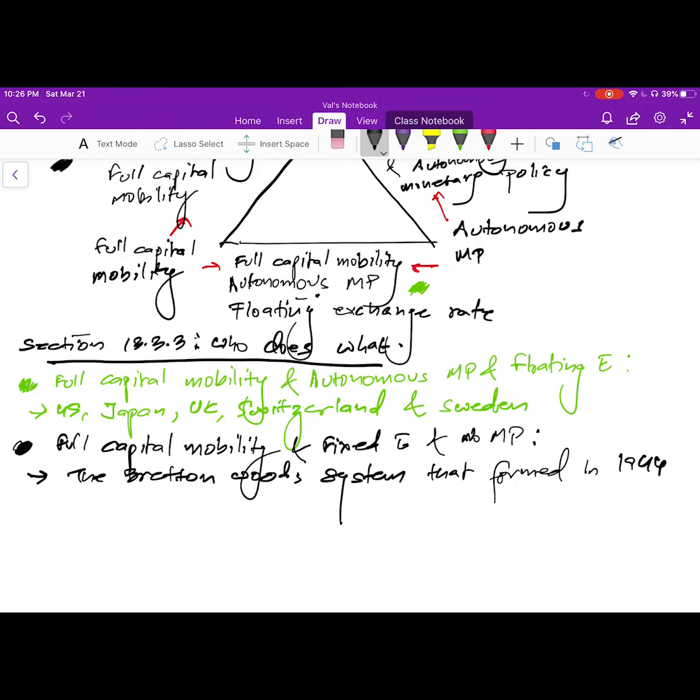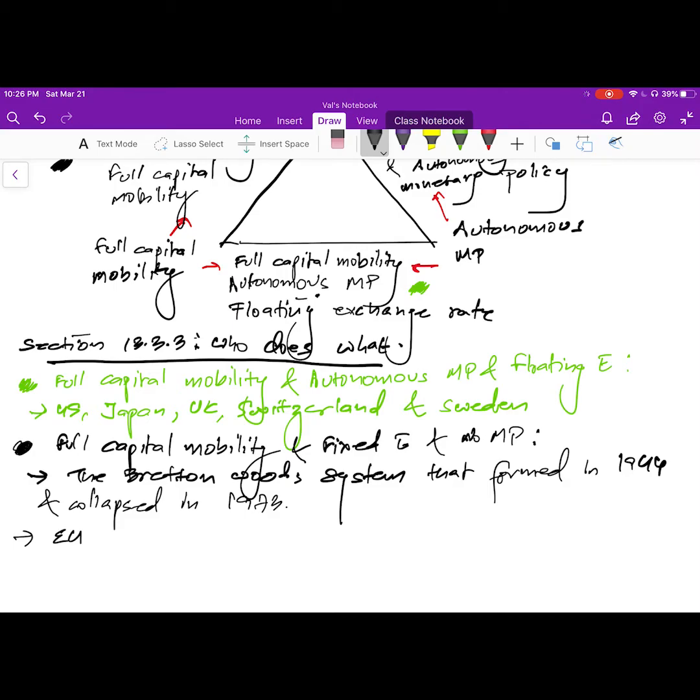And of course, it collapsed very fast. The second group of people that do this is the European Union, the area that's at the heart of our course. European Union is an example of this.